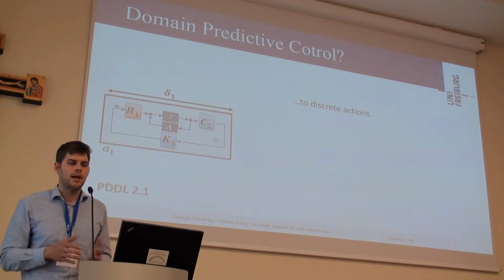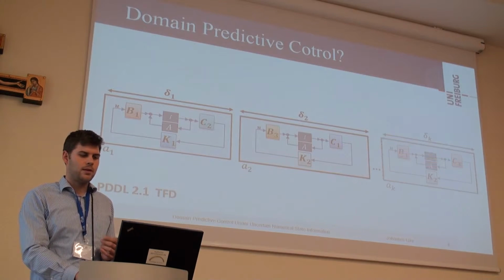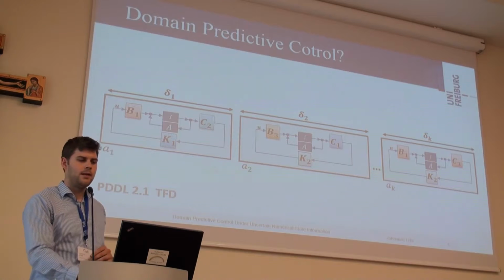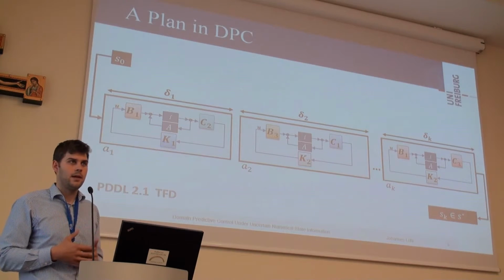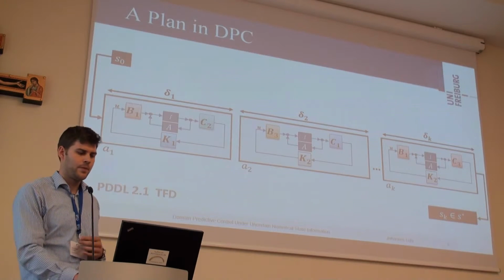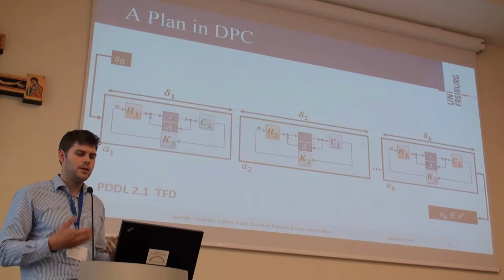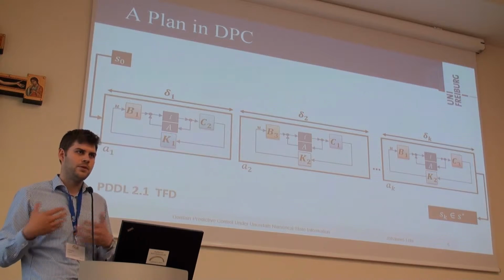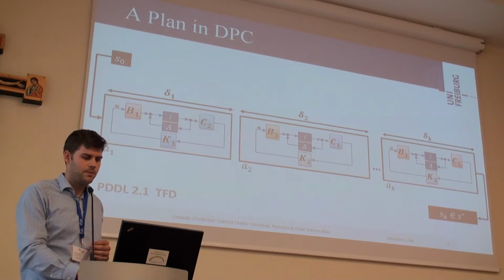Then we can use a planner to string together such actions to connect an initial hybrid state with a goal state, a state satisfying some goal conditions. So this is the basic idea. And once we have found such a plan, we can translate it back into an input signal for the hybrid system and into a switching strategy of our hybrid system.